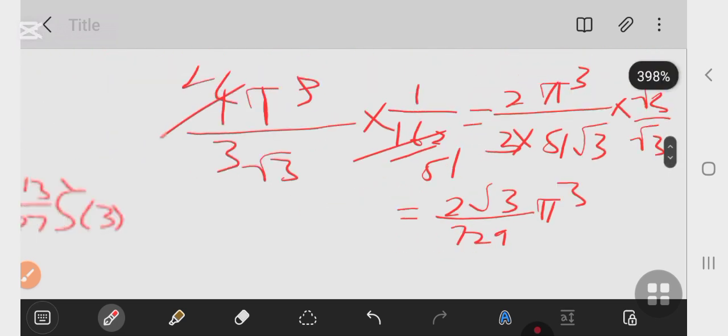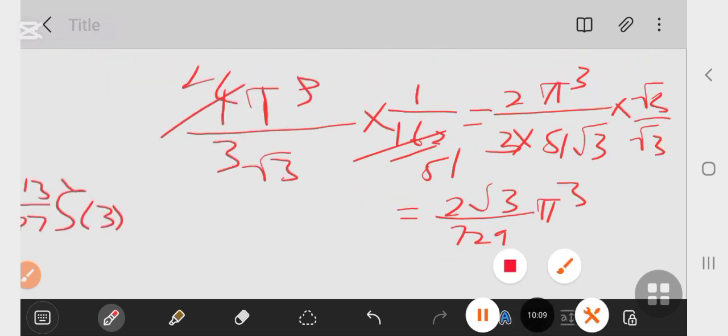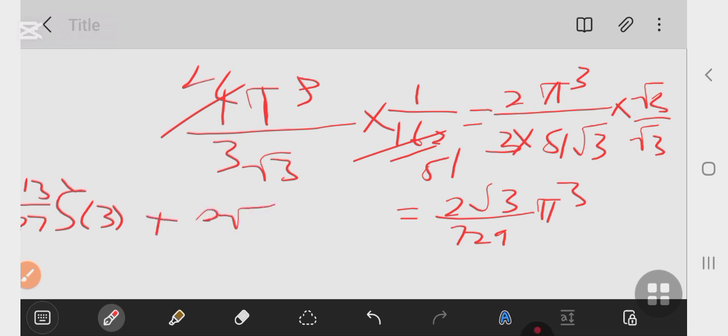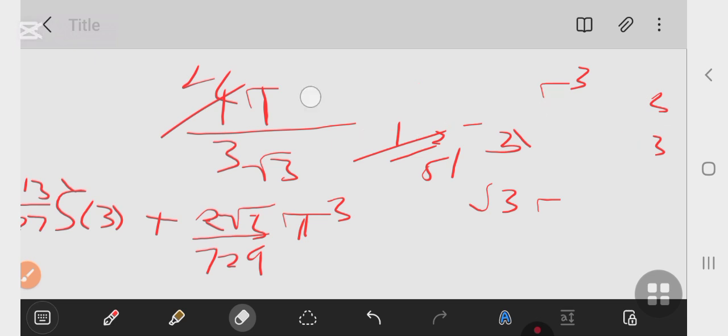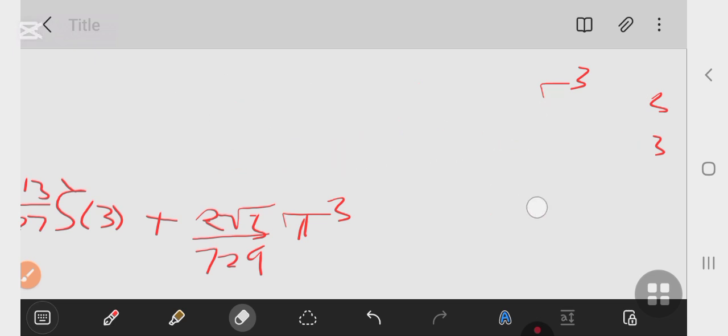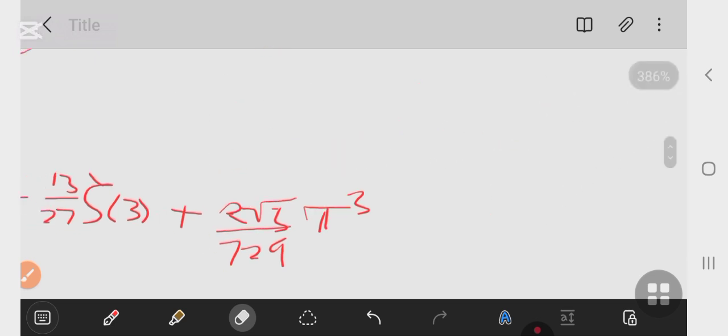Okay, now let me just enter it here. Plus 2 root 3 all over 729 pi cube. Okay, let me erase these parts.